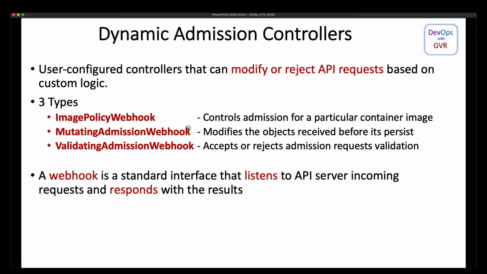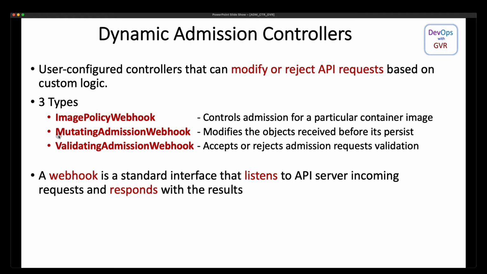In descriptive terms, it controls admissions for a particular container image. This is all about the image specific, so you can define your own custom webhooks only on the images. We'll see this in an upcoming slide.